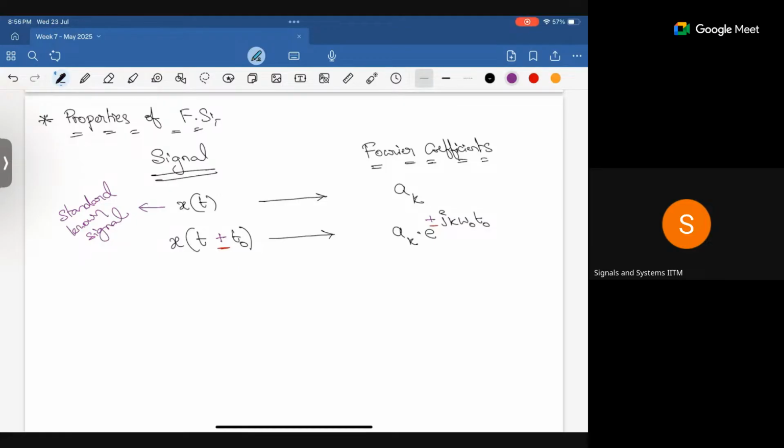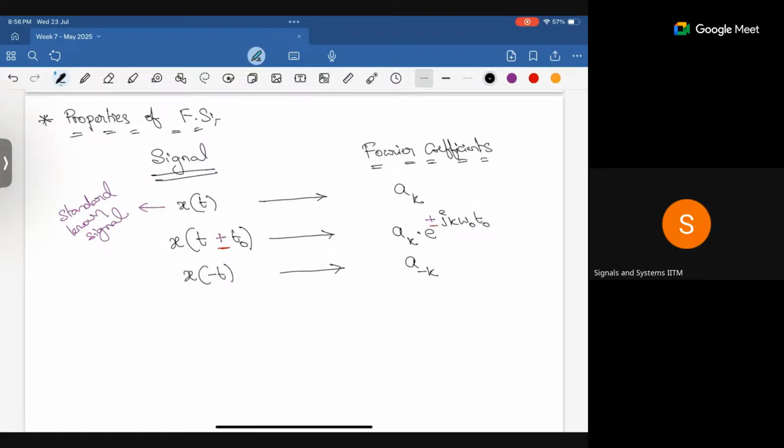Okay, and if it is reversal, like x of minus t, then the Fourier series coefficients will just become a minus k. They will also get reversed. So a1 becomes a minus 1, a minus 1 becomes a1, a2 becomes a minus 2, a minus 2 becomes a2, like that.